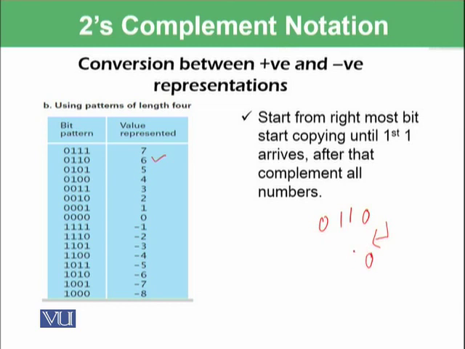The first one is reached, that would be written, and after this first one all of the remaining bits will be changed: 1 would be changed to 0 and 0 would be changed to 1. So this will become 1010. So you can see -6 is represented with 1010. Similarly, you can go from negative to positive as well.